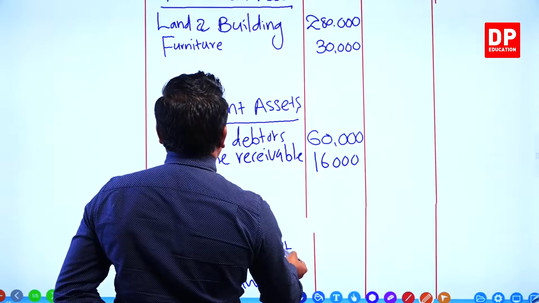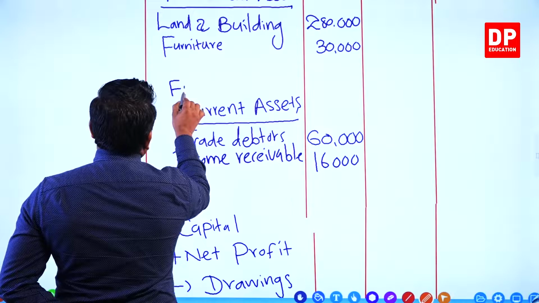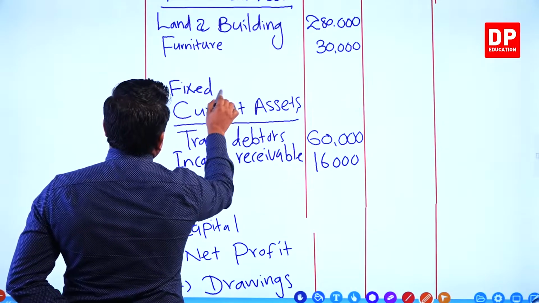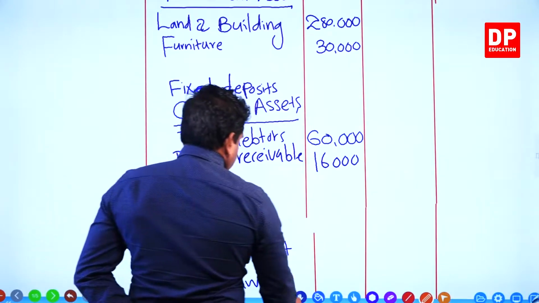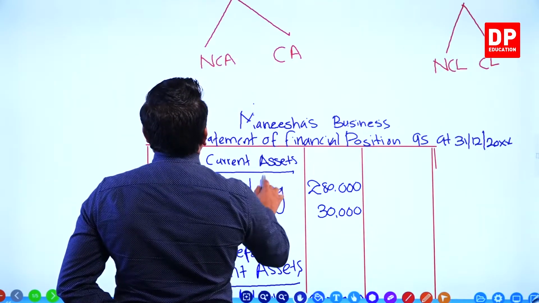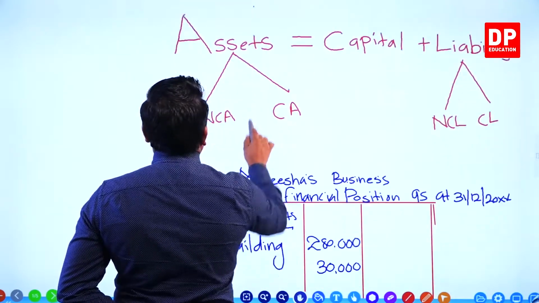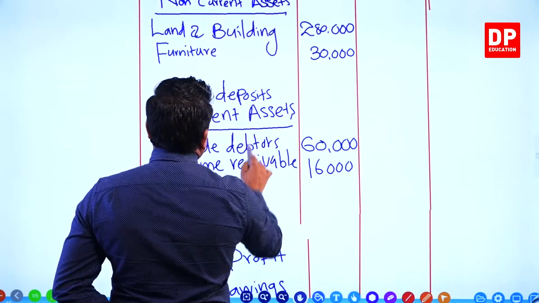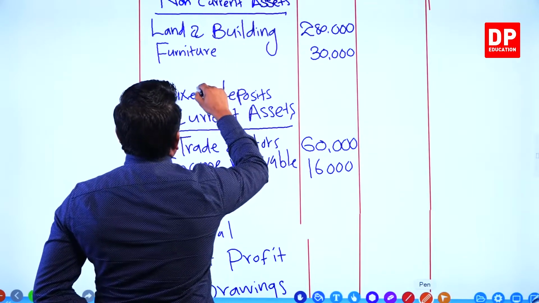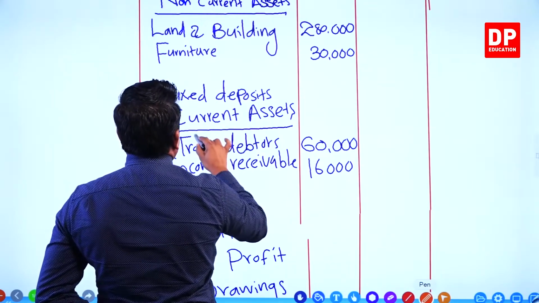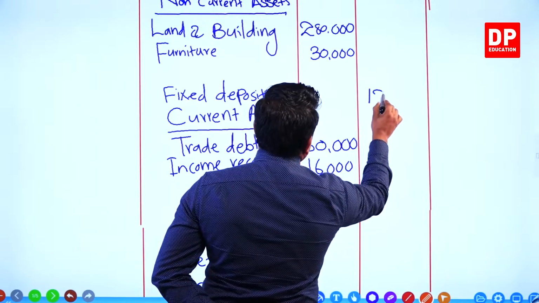Fixed deposits. Actually, fixed deposits we write under the non-current assets, right? Fixed deposits, how much? 120,000. Directly you can put this value to the corner. Why? Above we have given tangible non-current assets. Here only one we have, intangible non-current assets. It is 120,000. Directly you put it in the corner column.